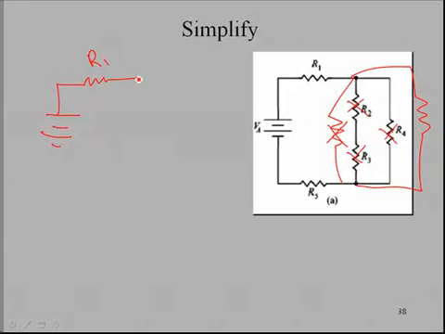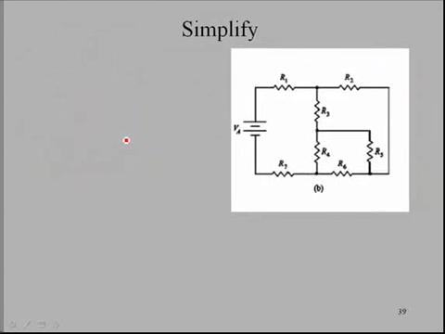So we have reduced that to R1, this component here, plus R5 at the bottom, and this is a series circuit, so we could reduce this to the power supply and one resistor, which would be the added values of these 3 components.